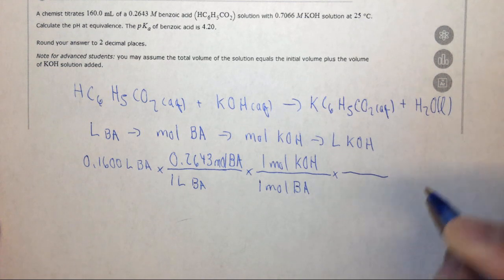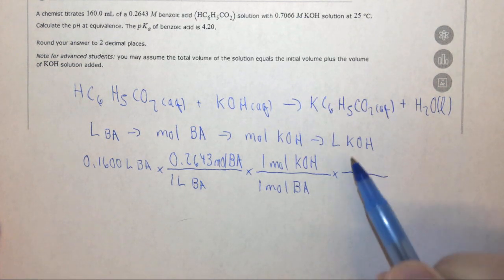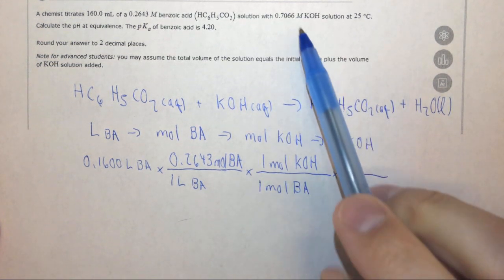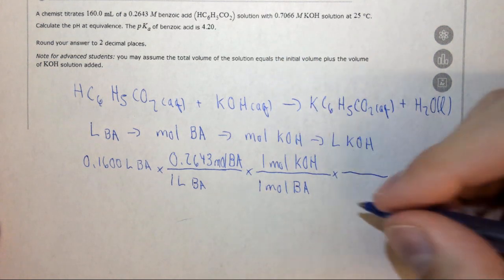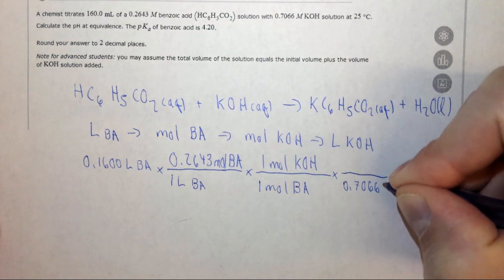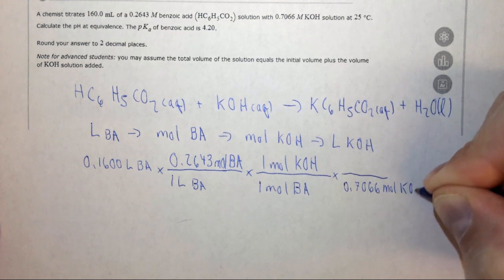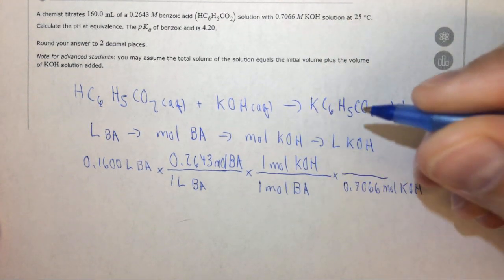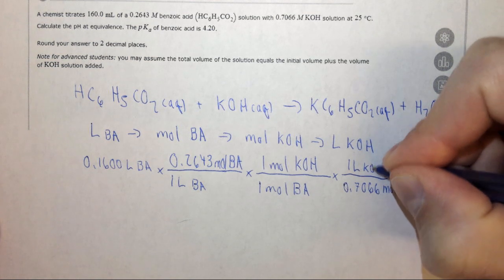Then finally, we want to find liters of KOH. So this time we put the 1 liter on the top, and the KOH solution is 0.7066 molar. So we put the 0.7066 moles of KOH on the bottom, and on top we put the 1 liter of KOH.